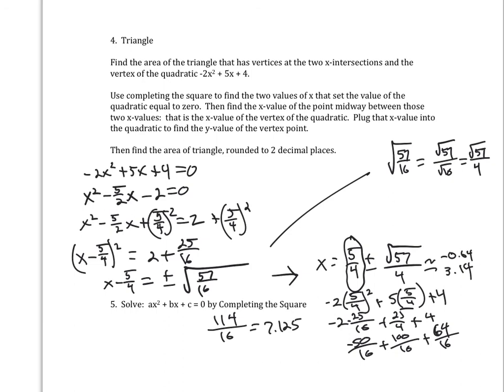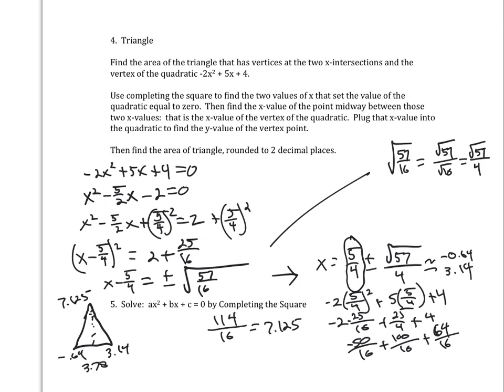Okay, so our triangle looks like this. We have negative 0.64 here, we have 3.14 here, and we have a height of this triangle of 7.125. And so the base of this thing is equal to about 3.78 or so.